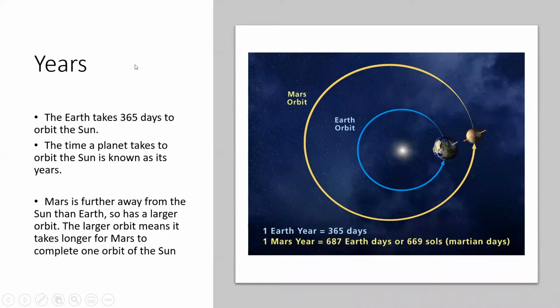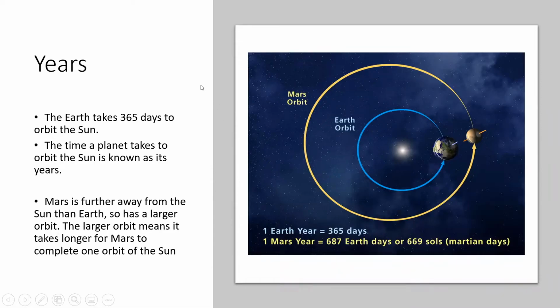The time a planet takes to orbit the Sun is known as its year. So Mars is further away, and you've got Mars on the same diagram here. Mars is further away from the Sun than the Earth, so it has a larger orbit. Think about it, it's a bigger circle, it's further from the Sun.